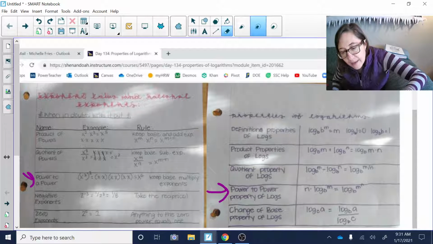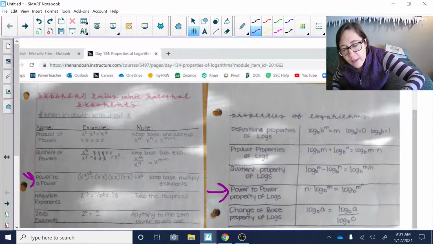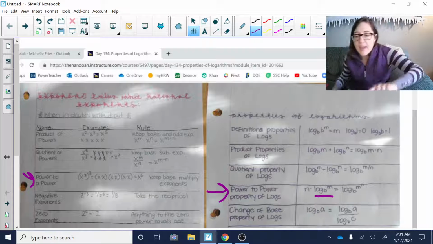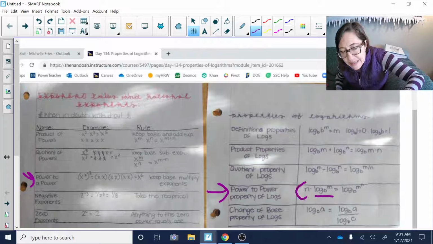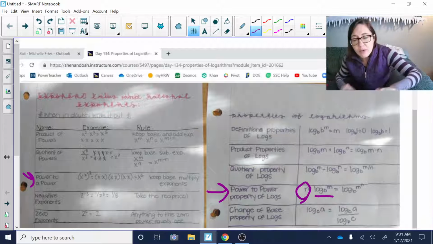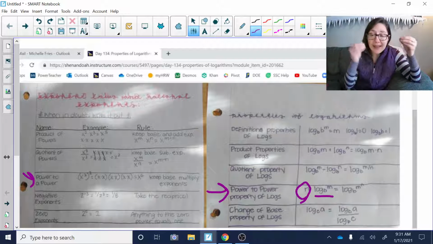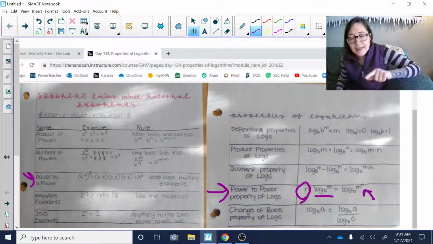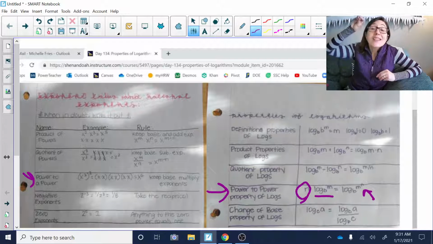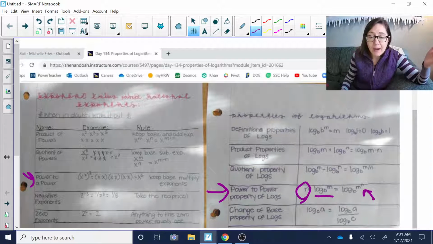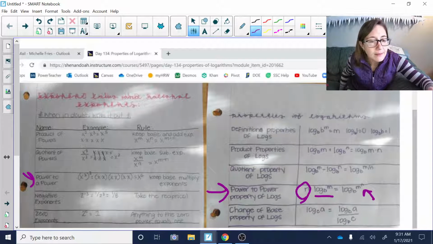So the logarithm here is telling us an exponent, and we're multiplying, which means this n must be an exponent. So what we do is we take that exponent, that n, and put it back up in its rightful place as an exponent. See how it becomes m to the n power there? So that's the power to a power property of logarithms. So let's see what that would look like.